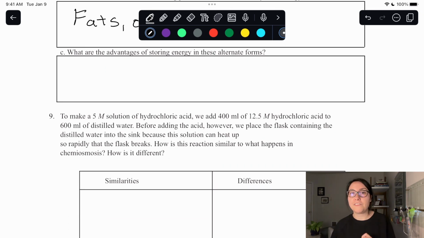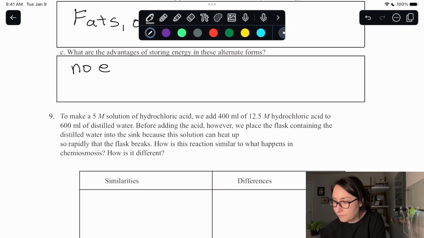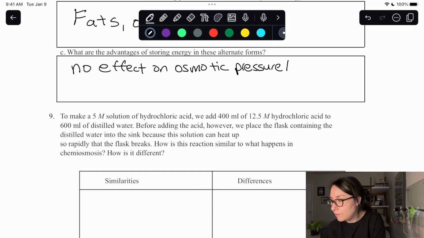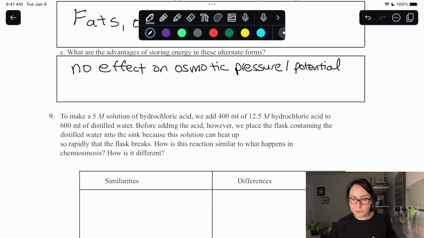So then what are the advantages of storing energy in these alternate forms? Basically, no effect on the osmotic pressure potential is the biggest one, I would say, pretty much the biggest one.